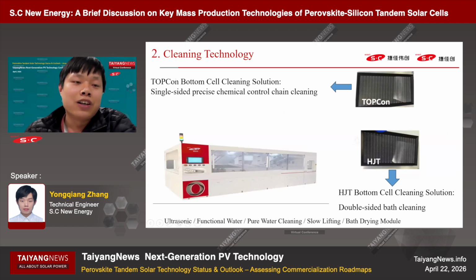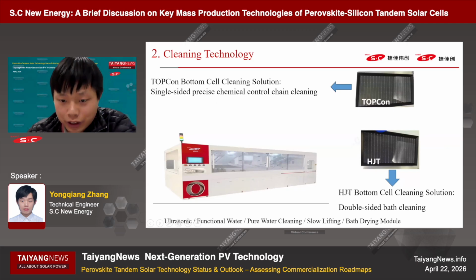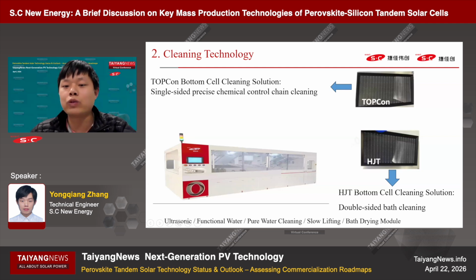For TOPCon and HJT, we have different cleaning approaches. For example, for the TOPCon bottom cell, we recommend single side perovskite chemical control chain cleaning, and for HJT, we recommend double side batch cleaning.